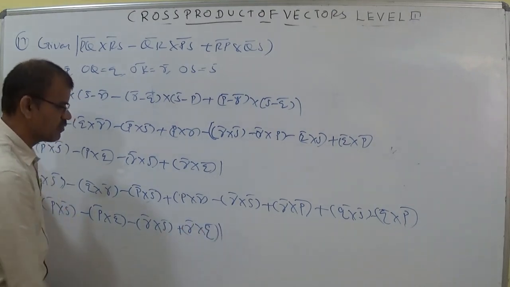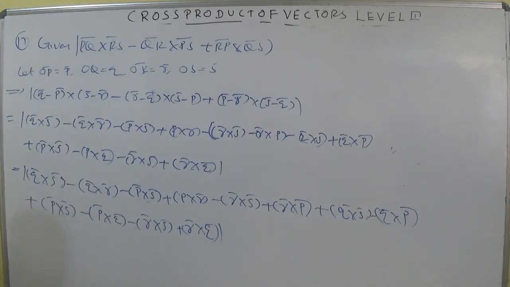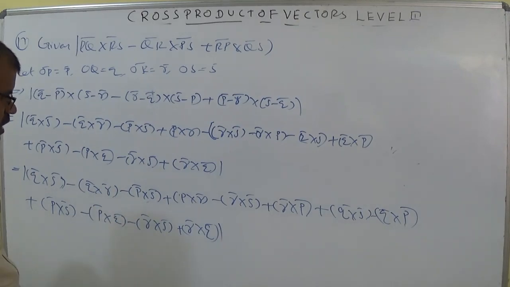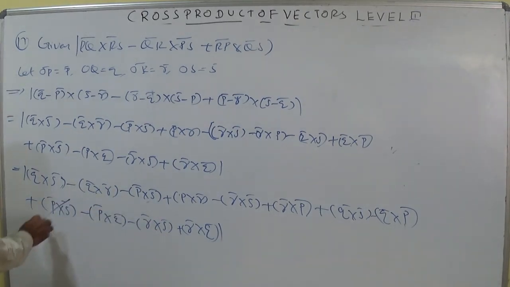Try to understand which will be getting cancelled, students. Q cross S is there, another Q cross S is not there. Minus Q cross R, plus R cross Q, is also not cancelled. P cross S minus P cross S is there and plus, so it gets cancelled.